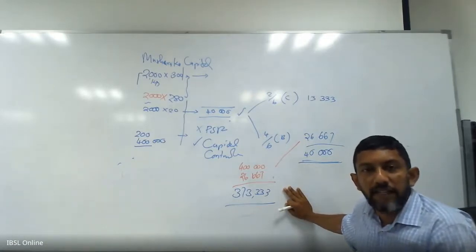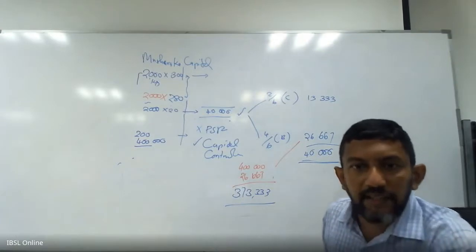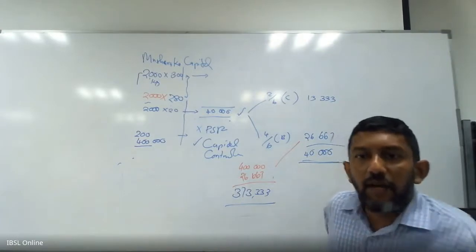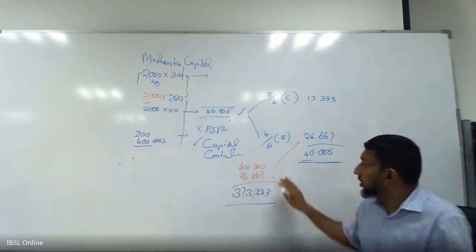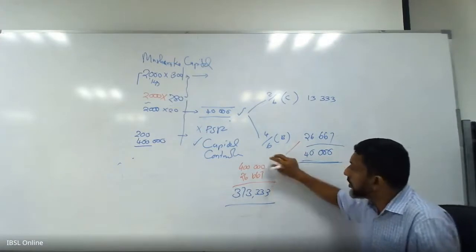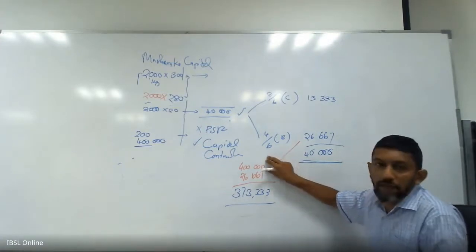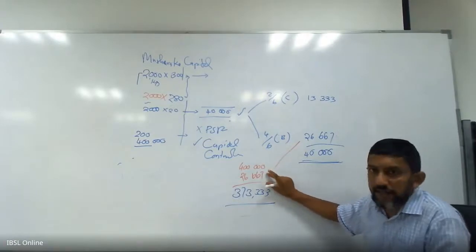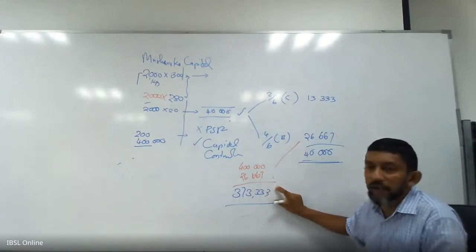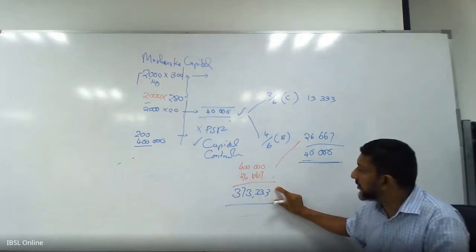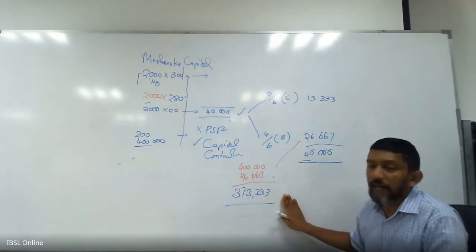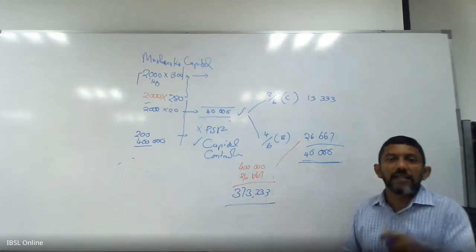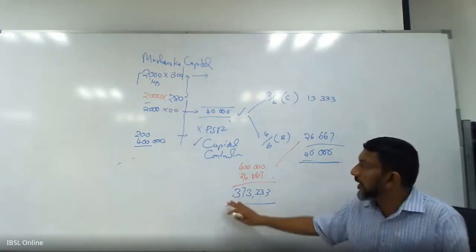Why am I saying that? Is that clear? A loss means loss of business, a loss of capital. So if we had given capital of 400,000 and 26,667 is a loss, the customer ends up paying only 373,000. So he comes to the bank, settles 373,000, whereas he borrowed 4 lakhs from us.